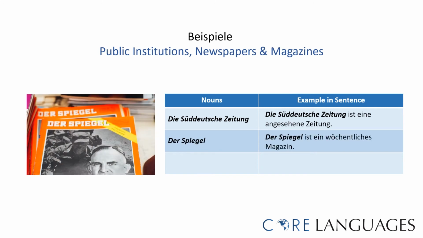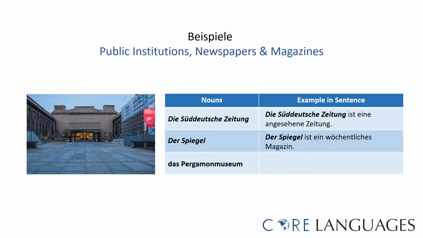Der Spiegel ist ein wöchentliches Magazin. Der Spiegel is a weekly magazine. Das Pergamon-Museum. Das Pergamon-Museum hat das Ishtar-Tor aus Babylon in seiner Sammlung. The Pergamon Museum has the Ishtar Gate from Babylon in its collection.